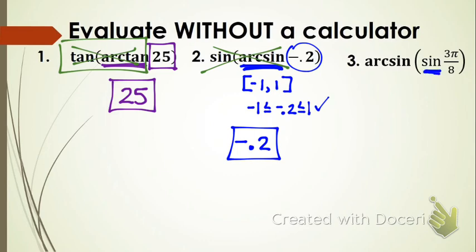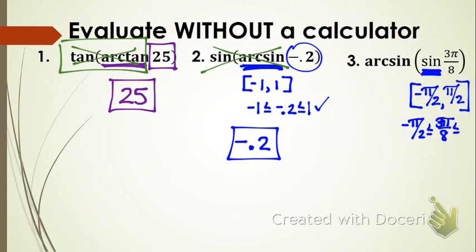Do we have any restrictions on sine? Sine has to be in between what and what? -pi over 2 and pi over 2. Is 3 pi over 8 in that window? Yes, it's bigger than -pi over 2, and it's smaller than pi over 2.